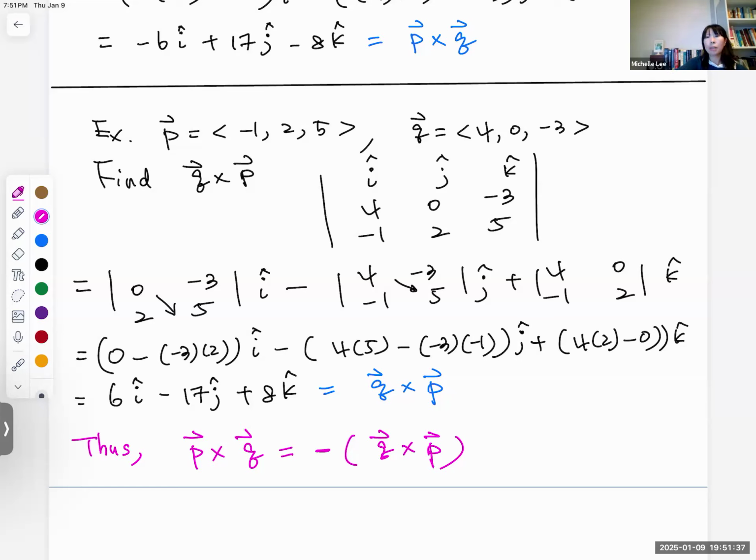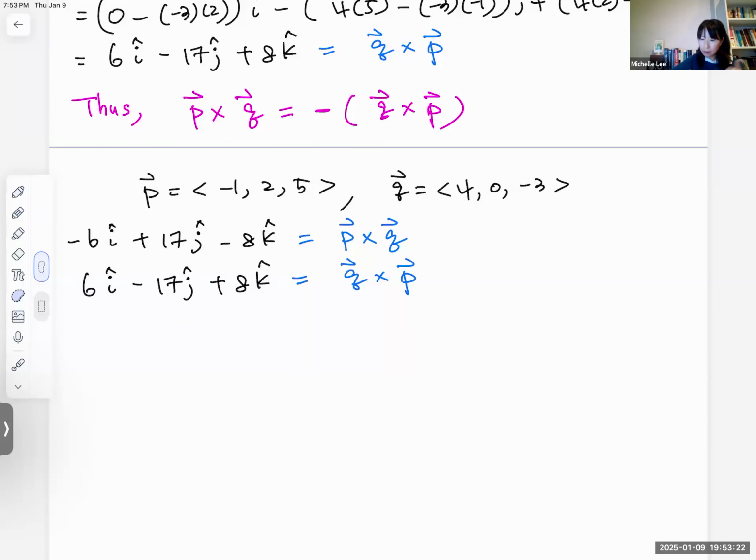I did not copy and paste the graph, but I just copy and paste the vectors of P and Q from before, and the cross product of P and Q and cross product of Q and P. This is a standard unit vector form.